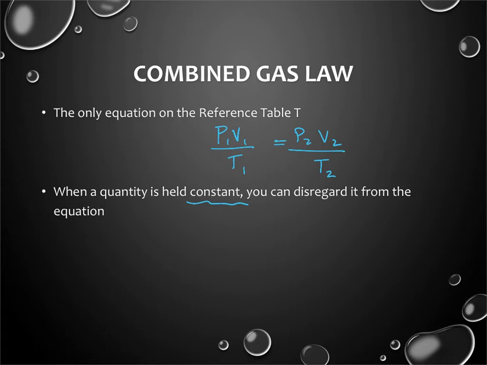So for example, when pressure is constant, we're going to disregard P from this equation, and it's going to look something like this. So we just ignore that variable, and we solve it like a Charles' law problem.